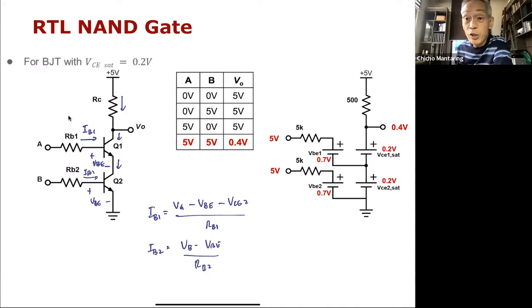And therefore you should always go for the worst case. Always go for the worst case. In other words, the smaller of the two, or the larger of the two, would be your valid logic level 1.